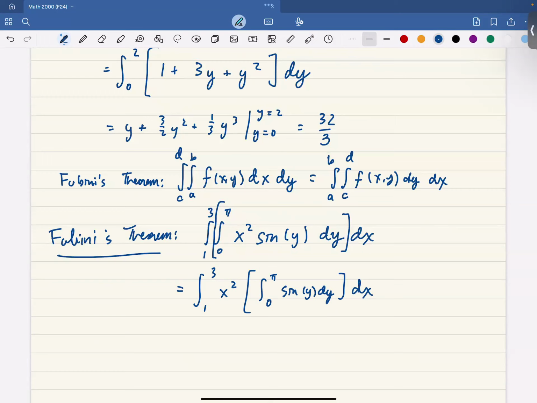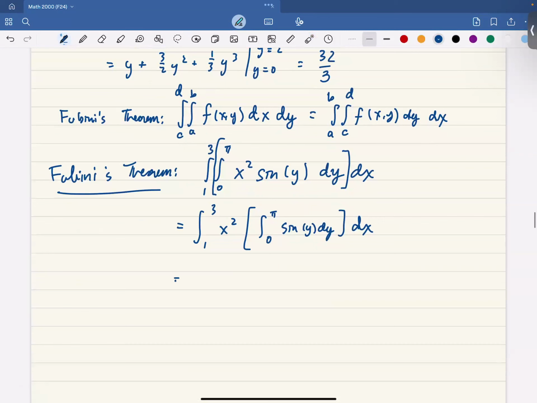dx. And then notice that actually this is just going to be some number. This is just going to be some constant. And so we can bring that out of the integral because that's also a constant. And so this will turn out to be the integral from 0 to pi of sine of y dy times the integral of x squared from 1 to 3.